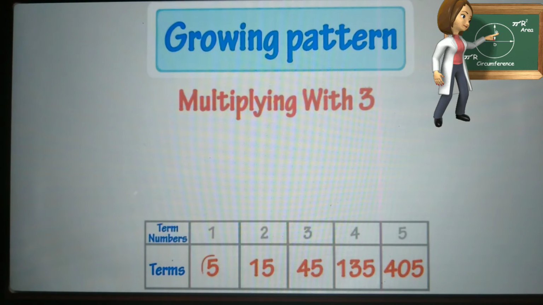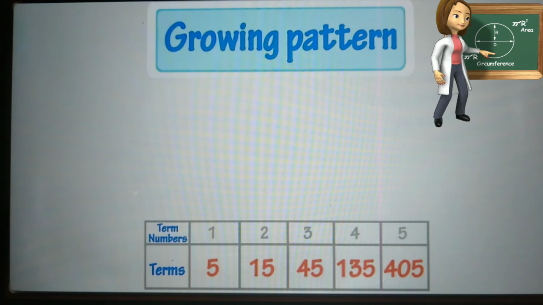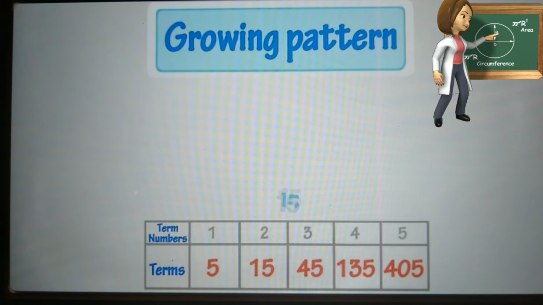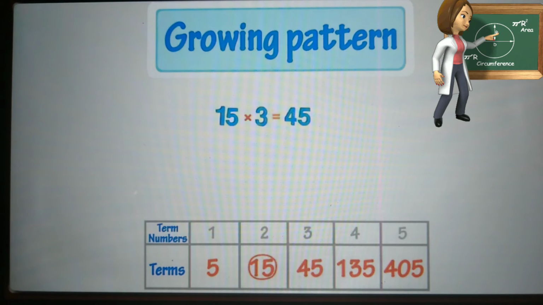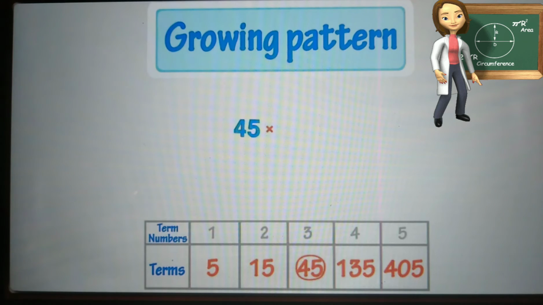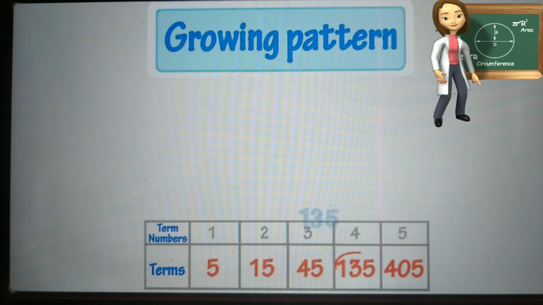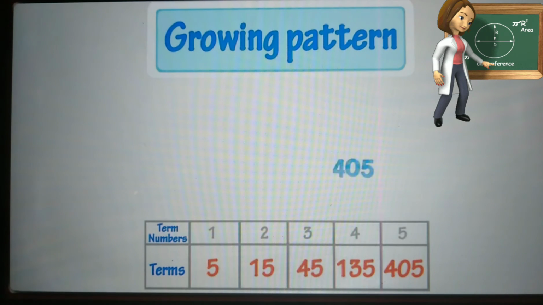The second term is the first term multiplied with 3. Now the next term is 15 multiplied with 3. And the next term is 45 multiplied with 3. And the next term is 135 multiplied with 3.